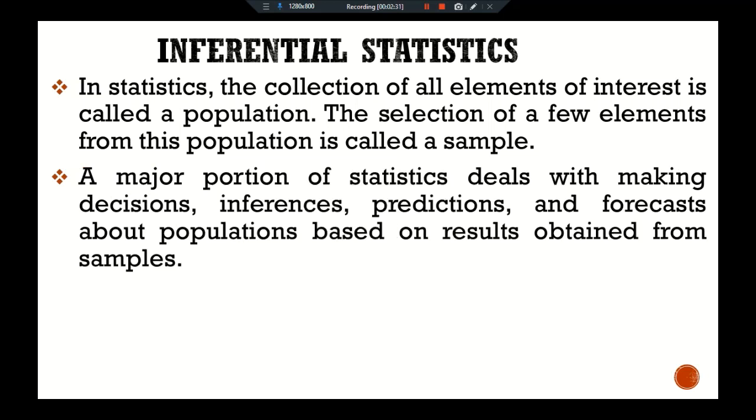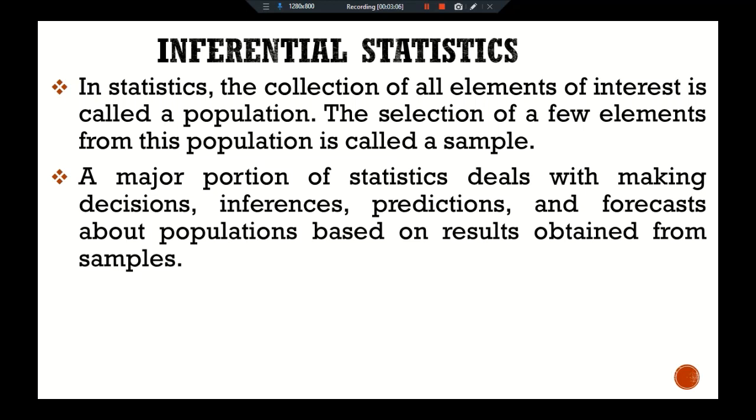A major portion of statistics deals with making decisions, inferences, predictions, and forecasts about populations based on results obtained from a sample. For example, we make some decision about the political views of all college and university students based on political views of 1,000 students selected from a few colleges and universities.